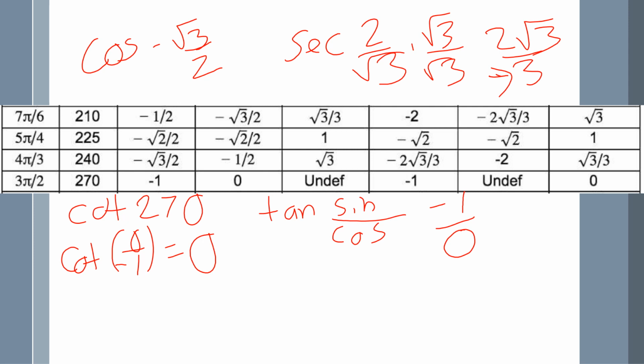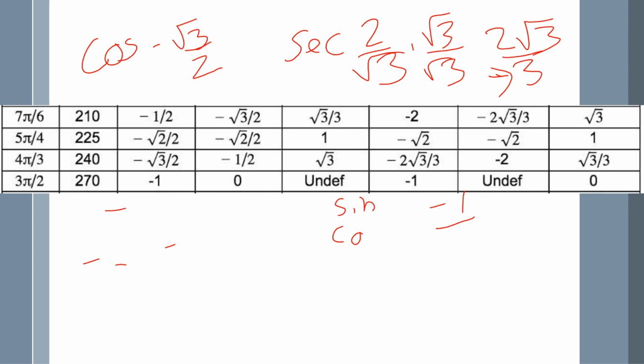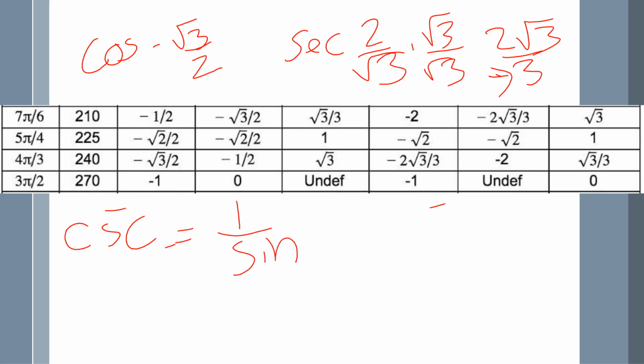Oh, I see. You guys got confused about what I did earlier, because I told you guys about cosecant and whatnot. So yeah, cosecant has the trig ratio of 1 over sine. To be honest with you, you don't have to think of it like that.